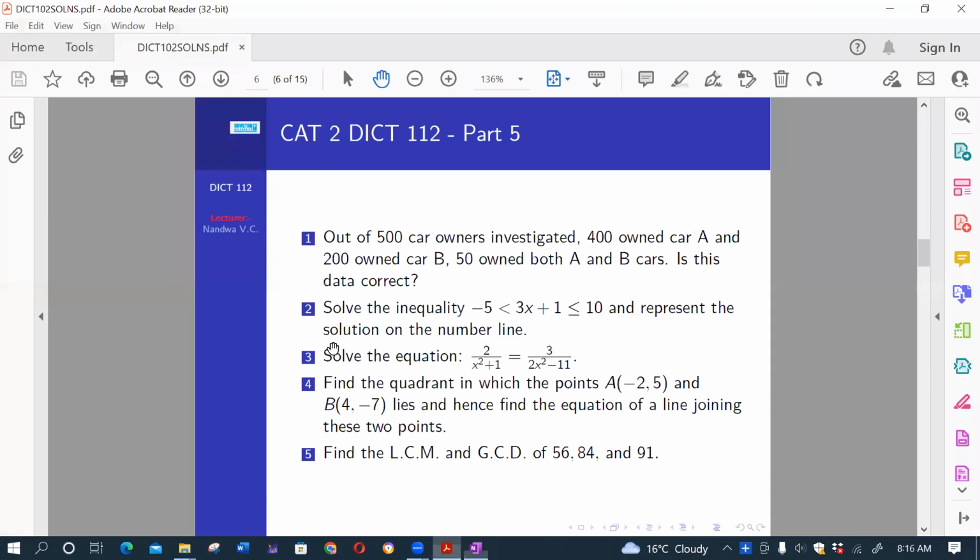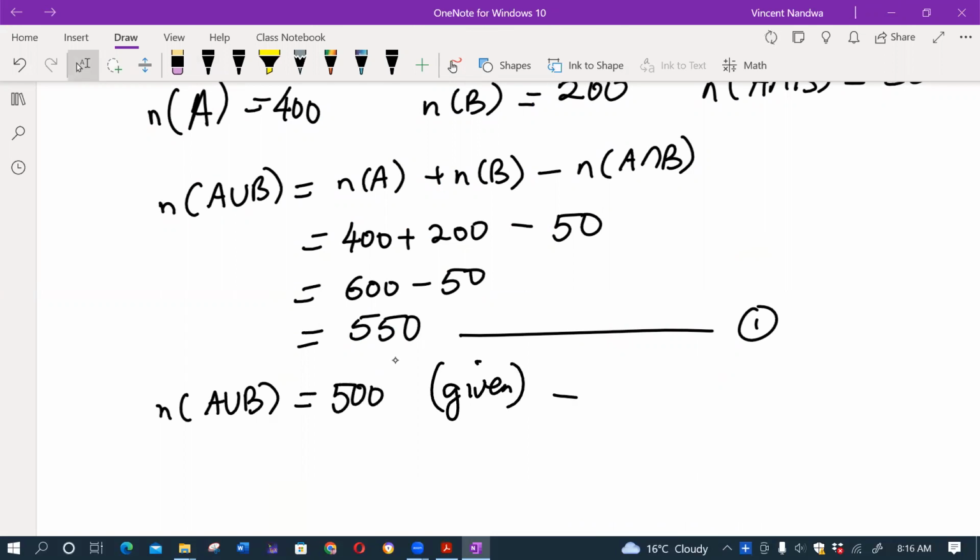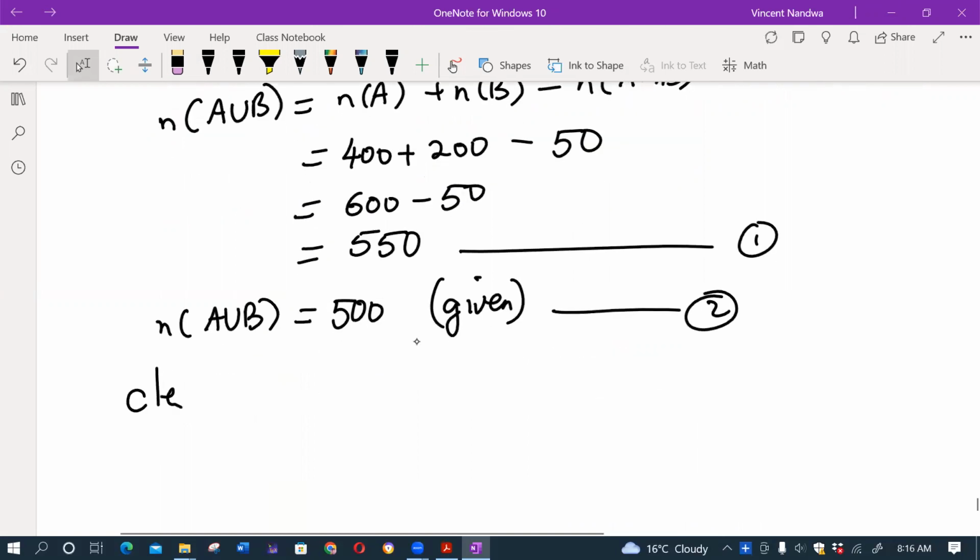And the question clearly told us that out of the 500 car owners investigated, so that means 500 people own these two types of cars. So that means the cardinality of A union B is given by 500 from the question itself. But then clearly, we see the number 500 doesn't match with 550.